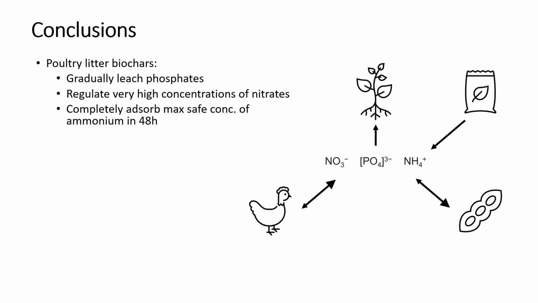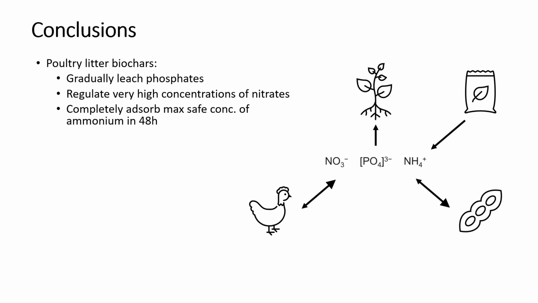So far, we've shown that poultry litter biochars gradually leach phosphates over the 72-hour time period that we tested, so they do have that slow release fertilizer function that we were expecting to see. They also regulate very high concentrations of nitrates.